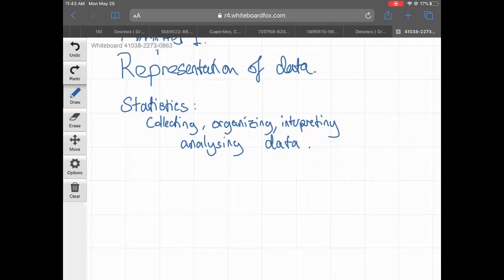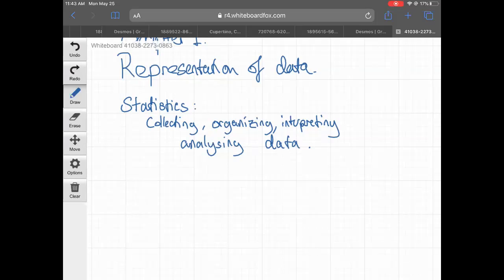Okay, so that's essentially just taking the data and maybe just putting it in a table, manipulating it. Maybe you take all the numbers and you square them and then do something to them, or graphing it, putting it in a graph or some kind of plot, maybe a histogram or a box and whiskers plot, stem and leaf kind of plot.